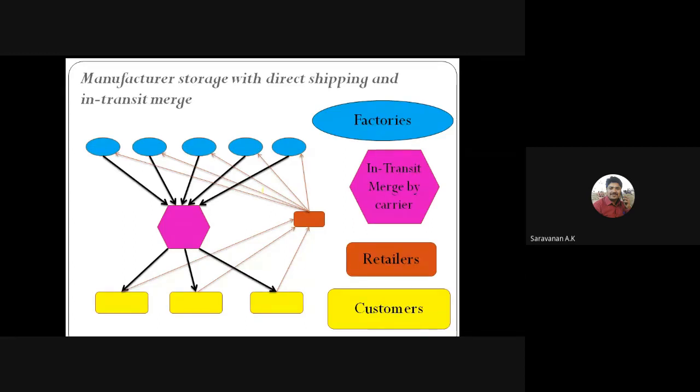Different factories, depending on the different products sourced from the particular factory, send the materials to the intermediate warehouse, that is the distribution center, called the in-transit merge center.